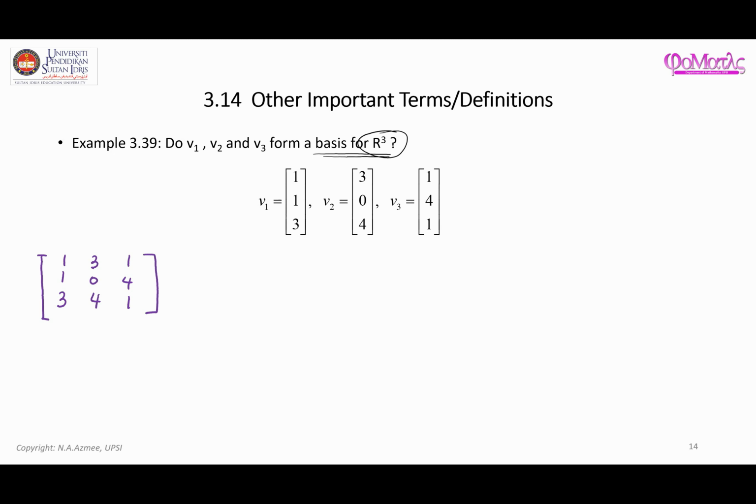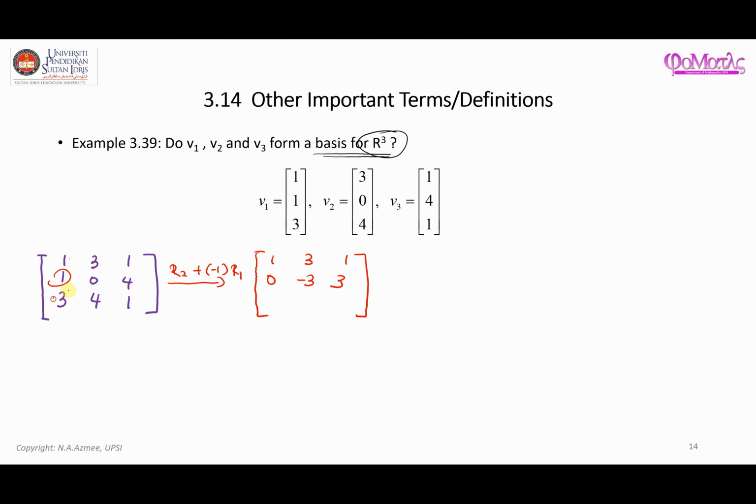So what I'm going to do is apply the usual elementary row operations to reduce it to RREF. So for this one here, R2 plus -1 R1. So here I have 1, 3, 1. 1 minus 1 is 0. 0 minus 3, -3. 4 minus 1 is 3.